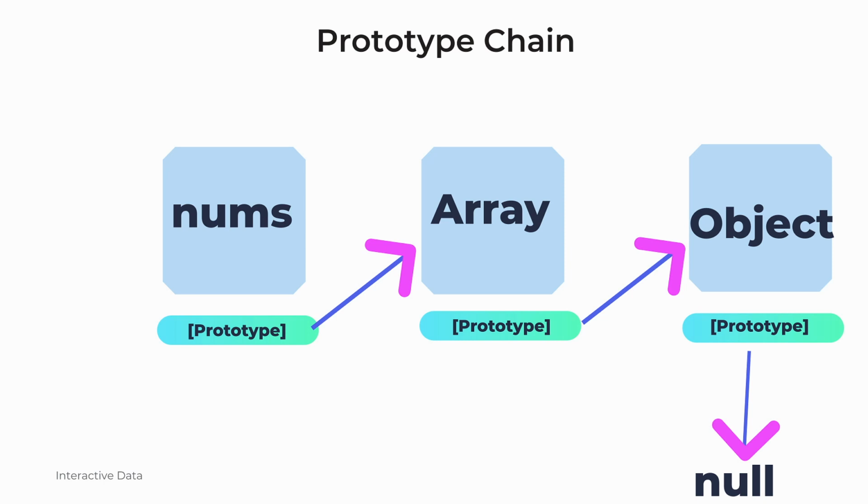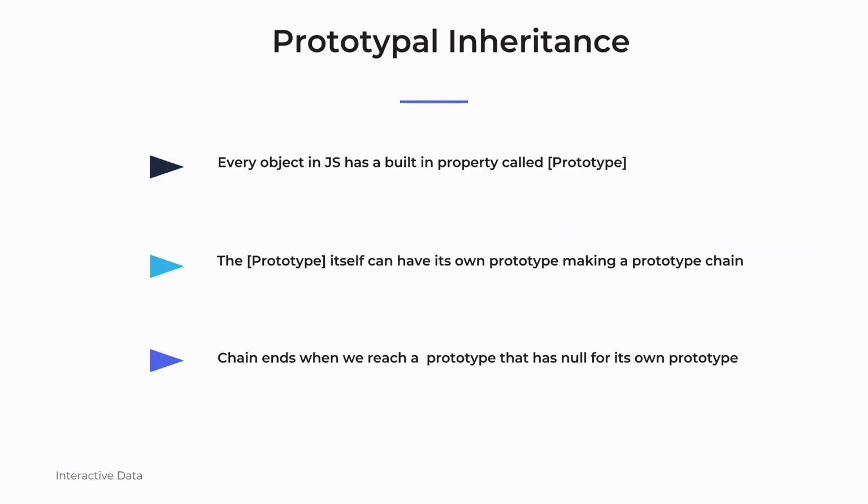So the challenge for us is, how can we add our own custom forEach loop up this prototype chain, and where can we add it so we can directly call it from the nums array? And that is easier than it sounds because of a concept called prototypal inheritance. If you come from classic languages like Java and you're familiar with classic inheritance, this in JavaScript is a similar concept, though you can also use classic inheritance in JavaScript, and we'll probably discuss it in some other video.